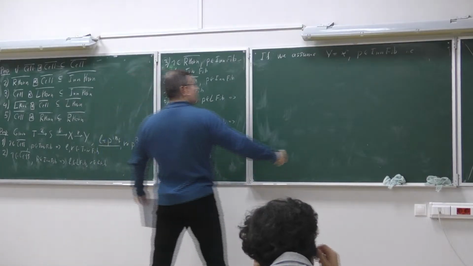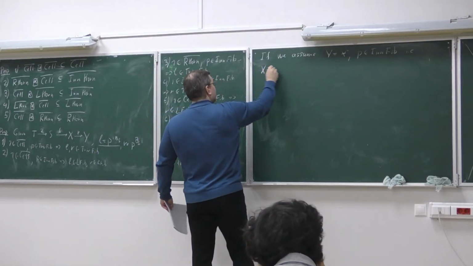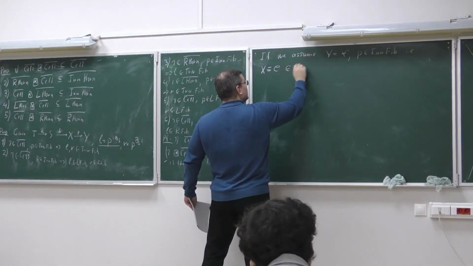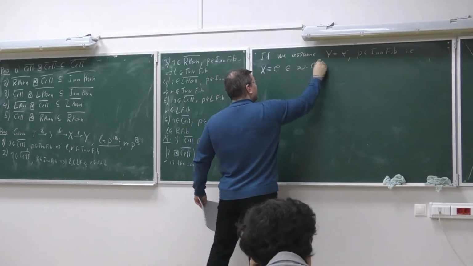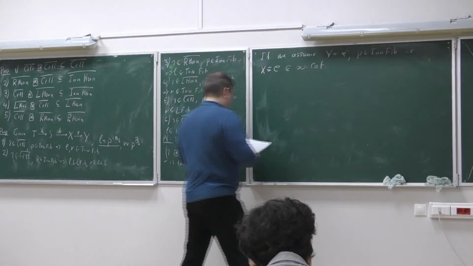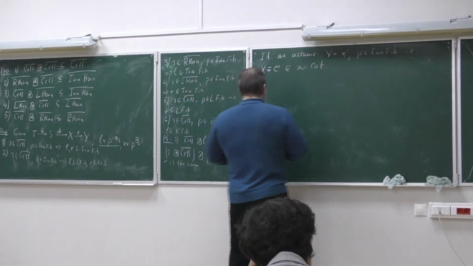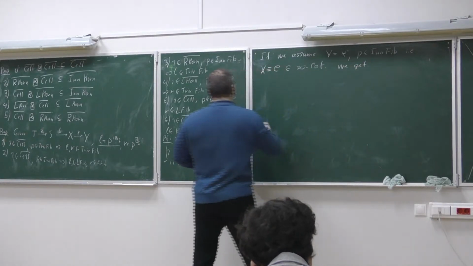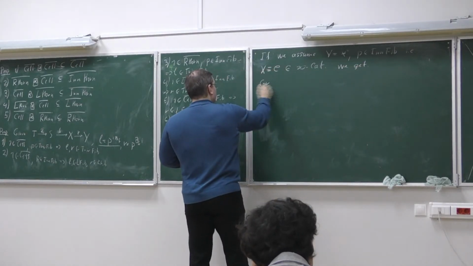So I want to use the notation X, which is the same as C, is an infinity category. So then we get the following. Corollary.